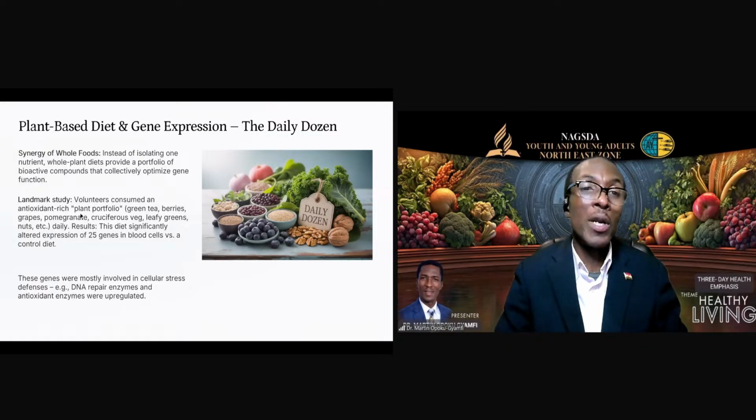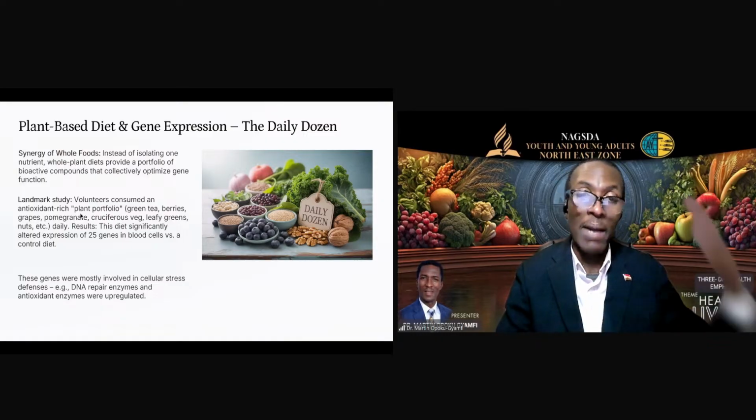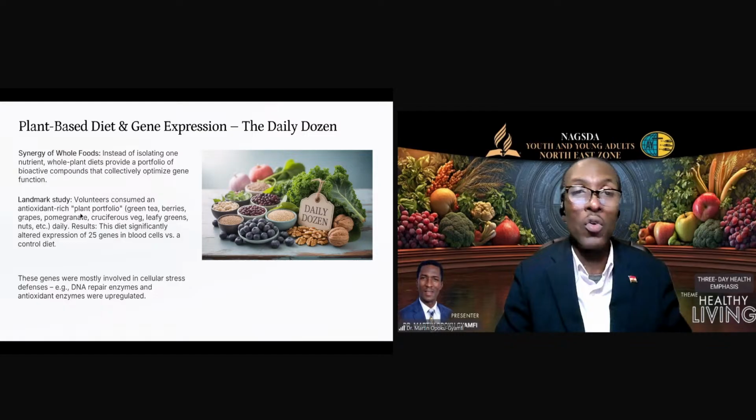Finally, the research has shown that a plant-based diet is what causes the positive epigenetic tags. They reverse the epigenetic tags that cause inflammation and all that. They did a research, and the volunteers consumed antioxidant-rich foods daily: green tea, berries, grapes, pomegranates, cruciferous vegetables like broccoli, cauliflower, cabbage, kale, Brussels sprouts, bok choy, and all those leafy greens, and nuts. What was the result?